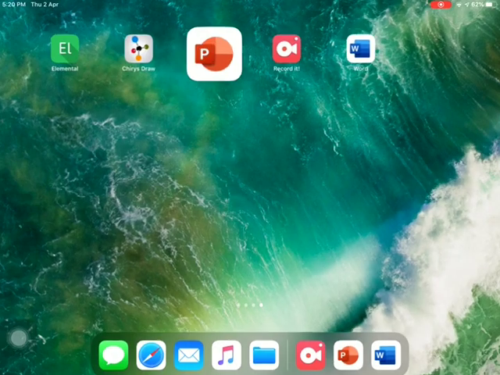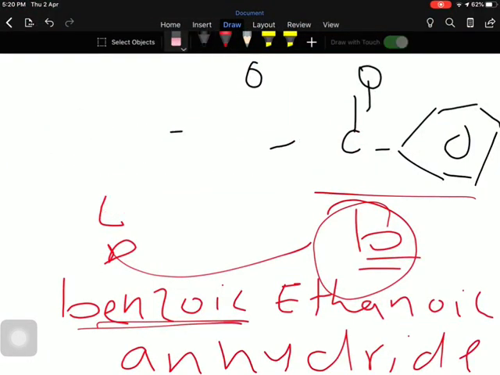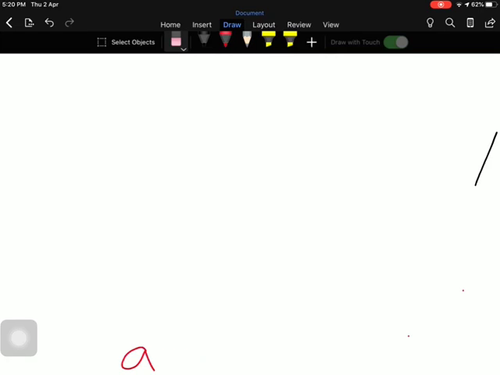Let me take one example for that. Let me erase this one. Compare these two compounds for the reactivity of the carboxylic derivative.